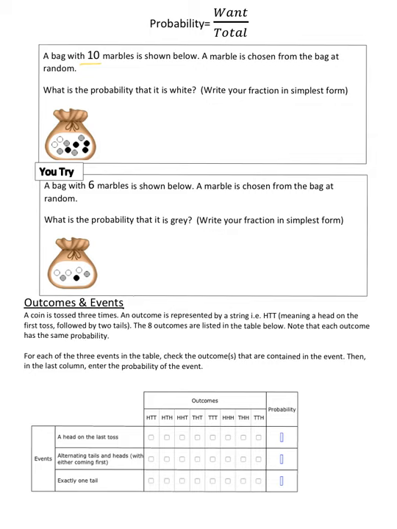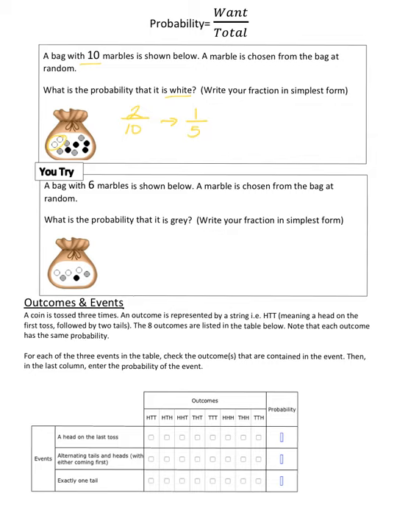There are 10 total marbles, so that's the total number of possibilities. We want a white marble. We count them. There are 2 white marbles. So there's a 2 out of 10 probability. Keep it in a fraction. That reduces to 1 out of 5. All right, you try. With the same color, you try it, and then come back to the notes.